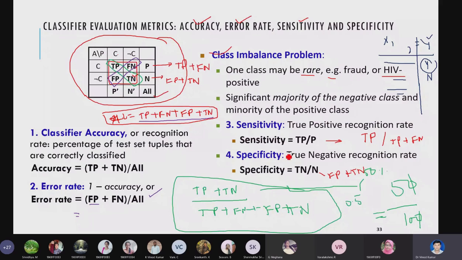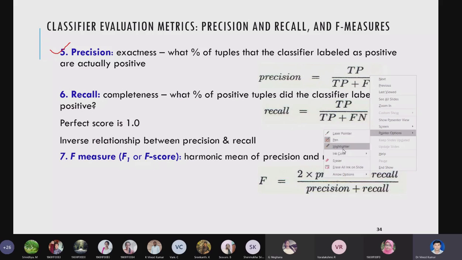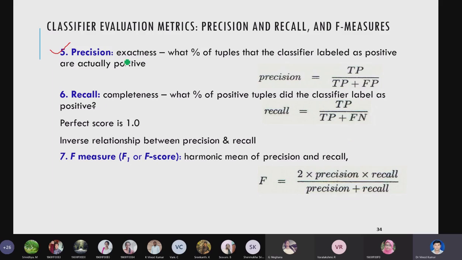Okay, now the next method is precision. Precision is also a very important evaluation metric in the classification method. The precision estimates what percentage of tuples, meaning records, that the classifier labeled as positive are actually positive. How to calculate precision?